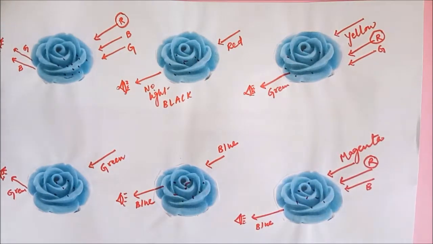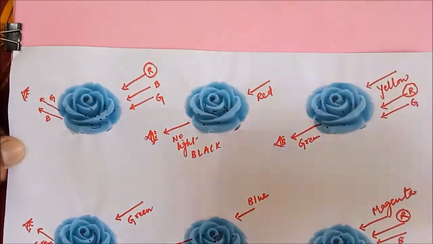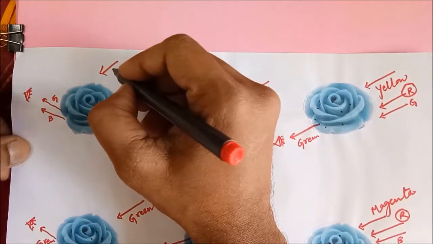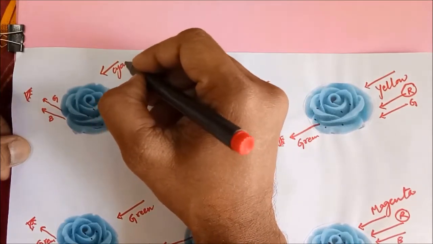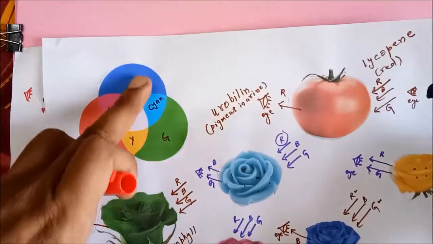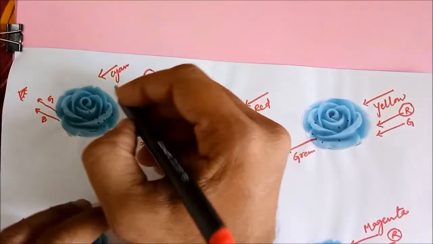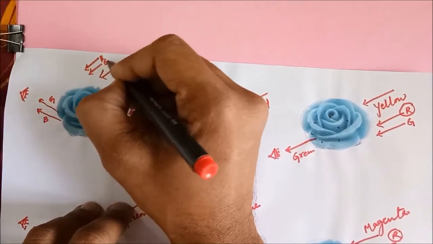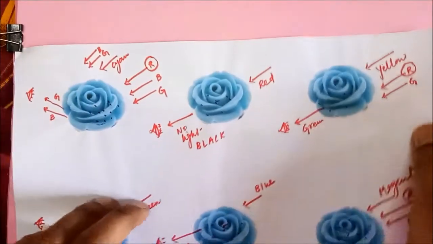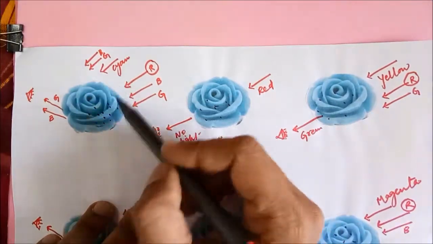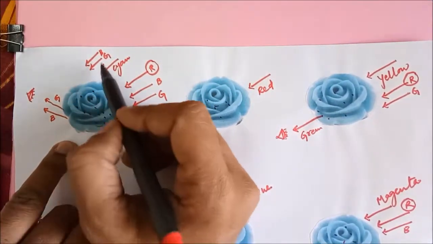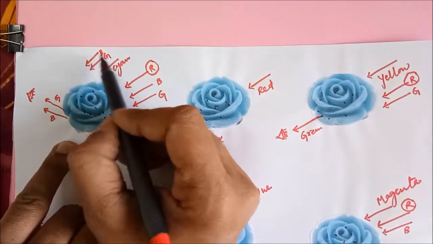Now the last light is the cyan light. If we impart cyan light on it, and cyan is again made up of blue and green, we may consider that blue and green are combinedly falling on the cyan rose. Now what happens is, these pigments are only going to absorb red color, which is missing over here.